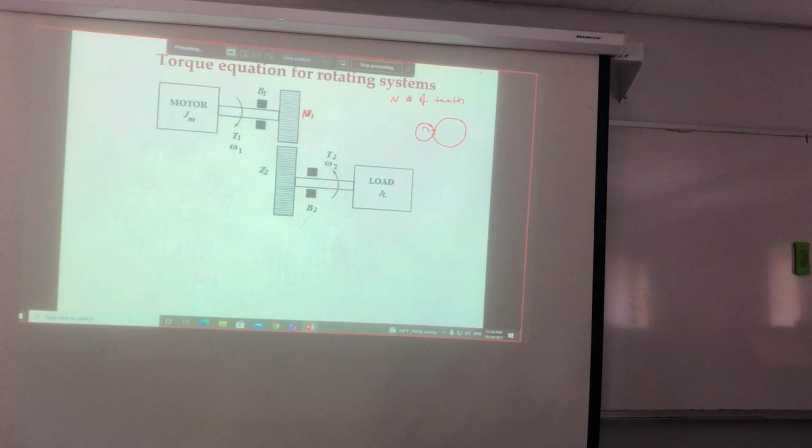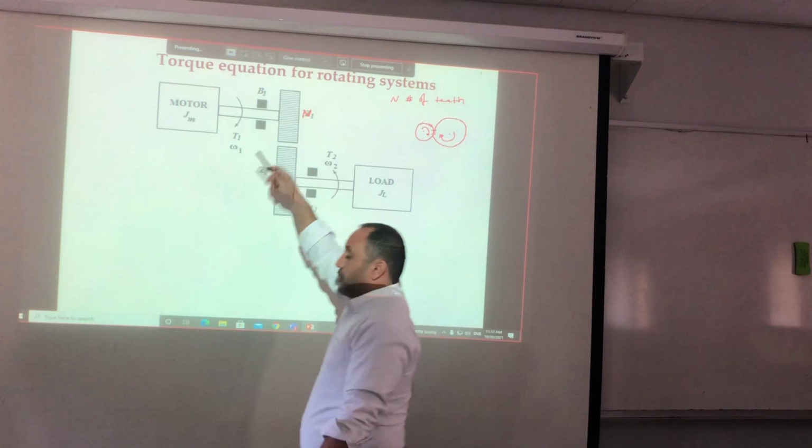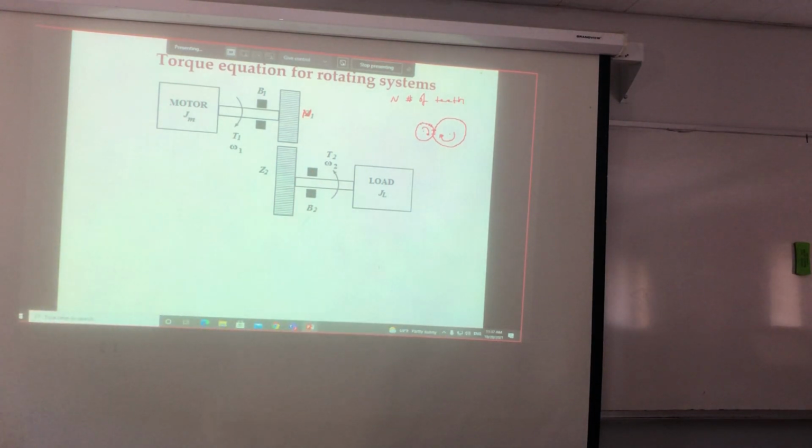While the first disc is rotating, the second disc will rotate at lower speed. Why? Because of the diameter. If this one requires 1 second to complete 1 revolution, the second disc, roughly speaking, requires 2 seconds, just from the size. So here I'm reducing the speed by 2, which means that I'm amplifying the torque by what?